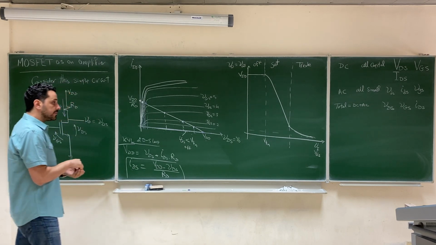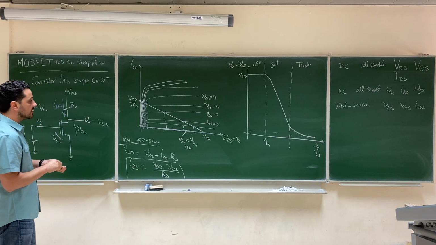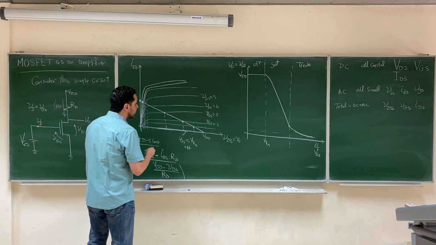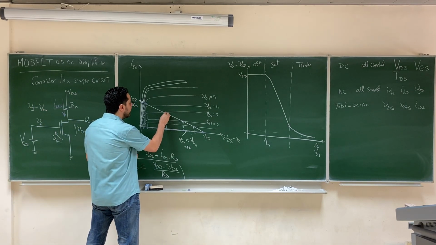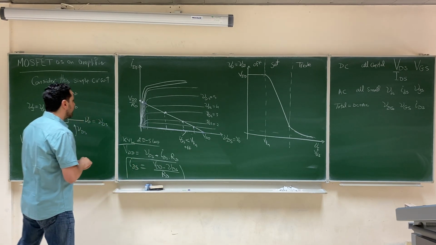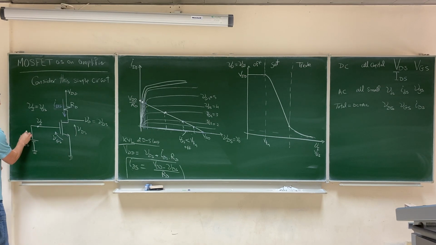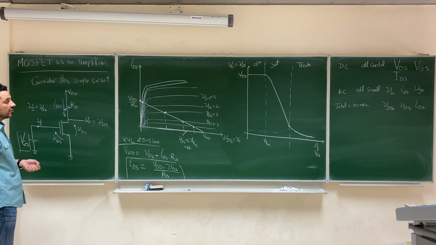So now imagine that we have a certain VGS that causes the operating point to be here in the middle of the saturation region. So let's assume that this is our DC value of VGS.